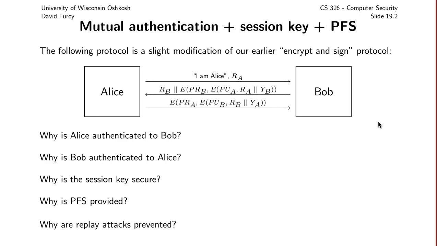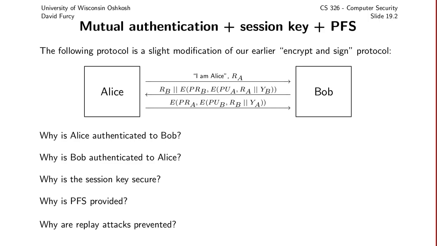So this protocol claims to be doing it all. Notice it's supposed to enforce mutual authentication, to allow us to establish a session key securely, and it also supports perfect forward secrecy. So this algorithm is a modification of our earlier encrypt then sign protocol.